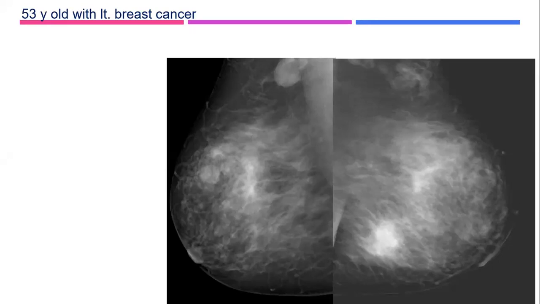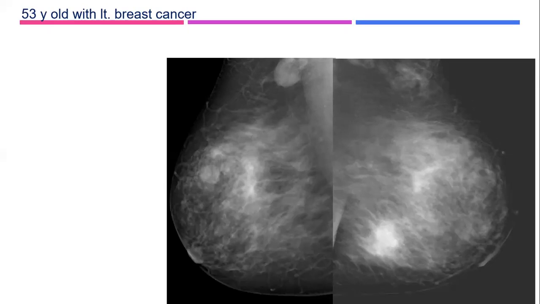I think the lesion on the left breast is a dense mass with an area of spiculation more posteriorly and indistinct margin. No area of calcification.